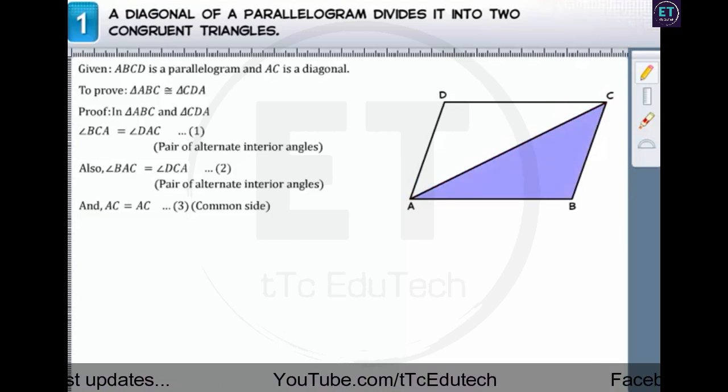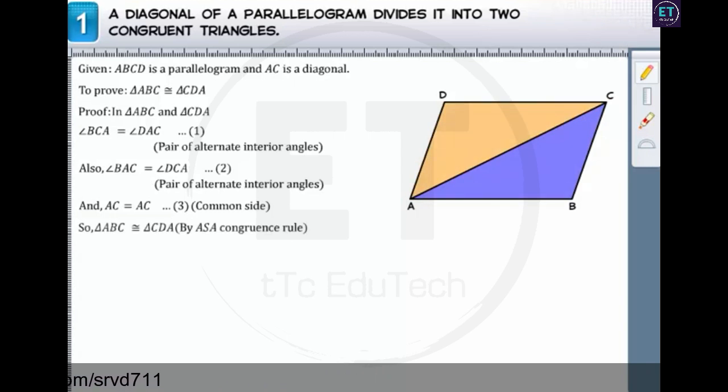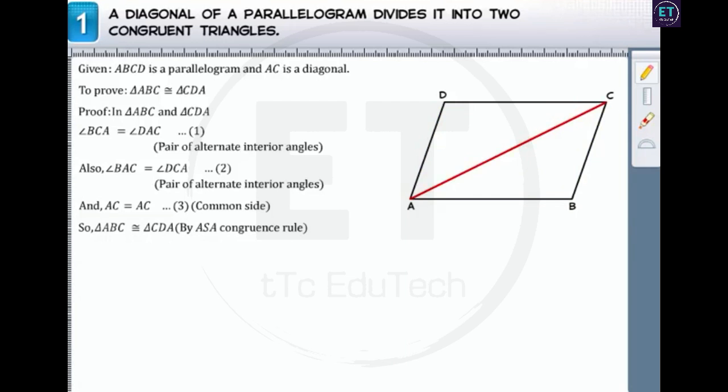This implies triangle ABC is congruent to triangle CDA by the ASA congruence rule. Thus, a diagonal of a parallelogram divides it into two congruent triangles. This completes the proof.